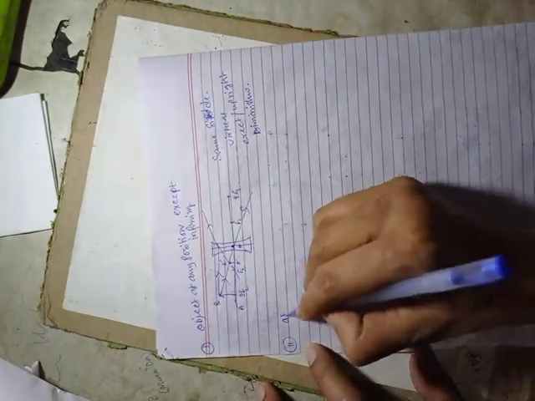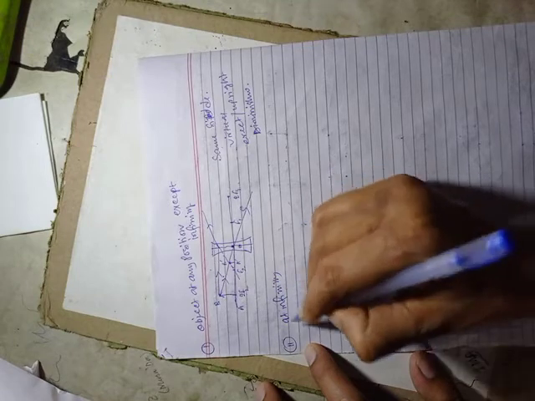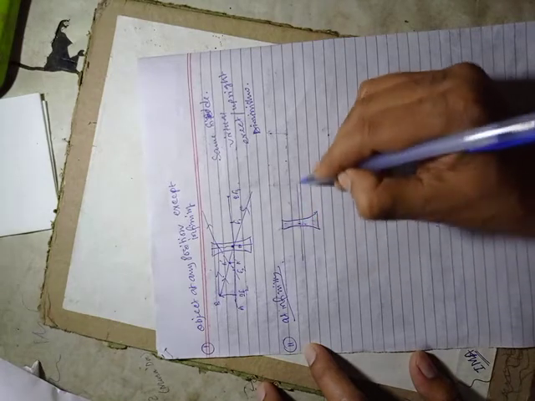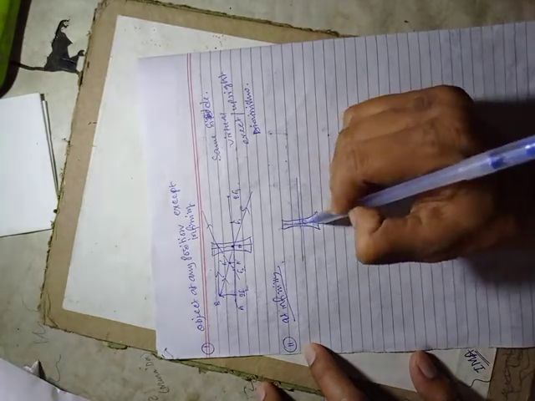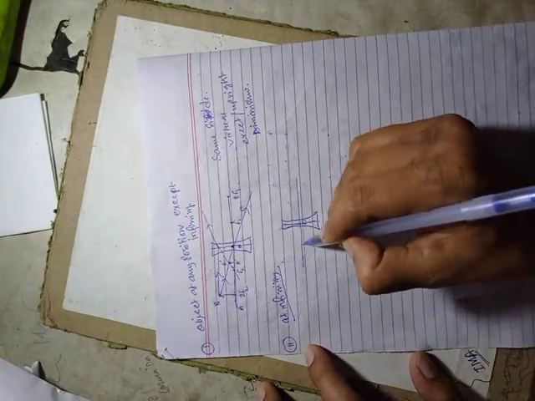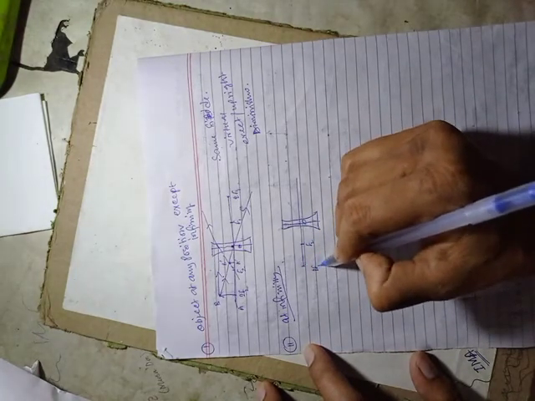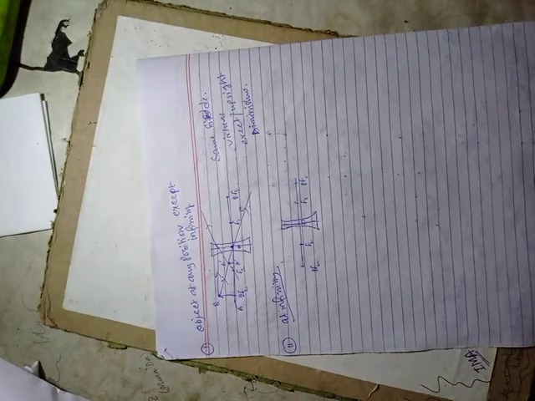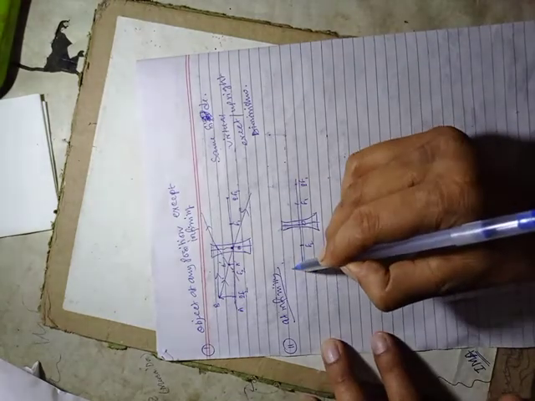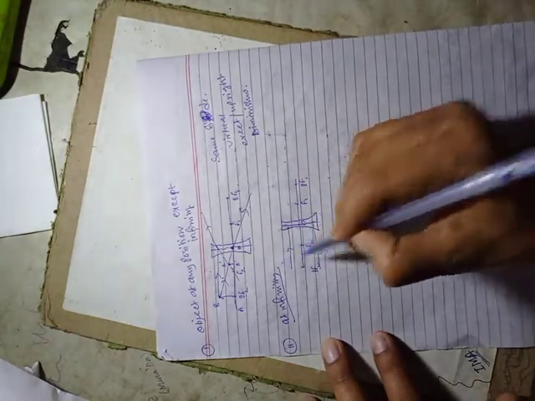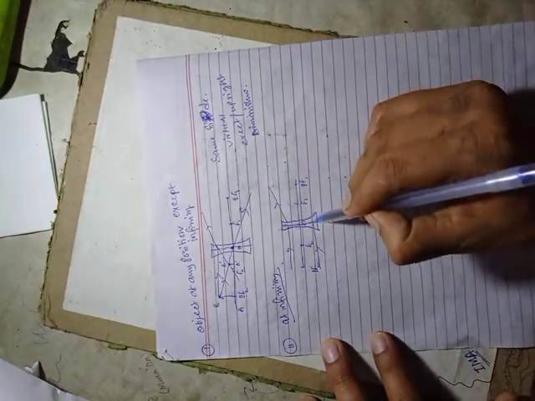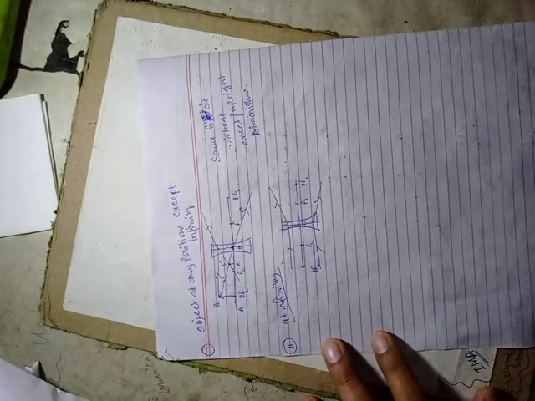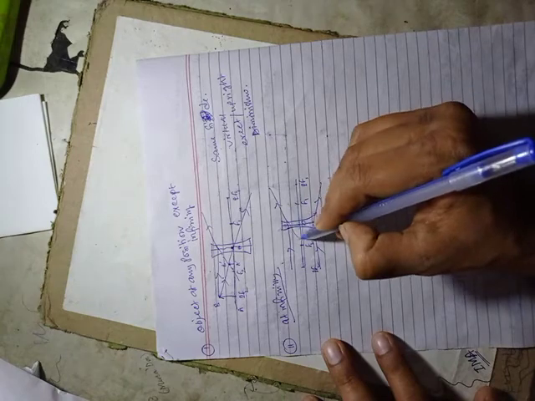And the second case is the object at infinity. For the object at infinity, you draw the concave lens with O, then the axis, with f2 and f1 on the sides. Light rays will come, one ray, another ray, two rays if you consider, and after refraction they will diverge away. Then they will appear to meet at f2.